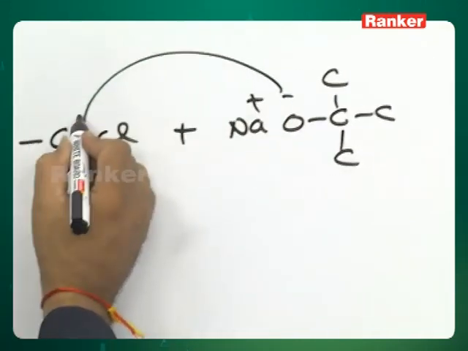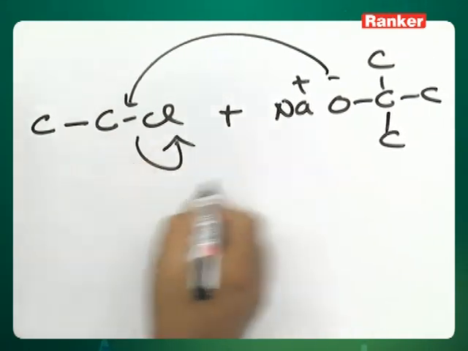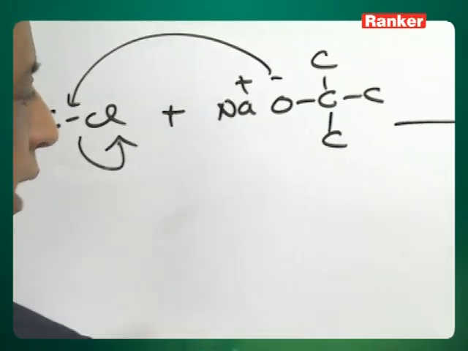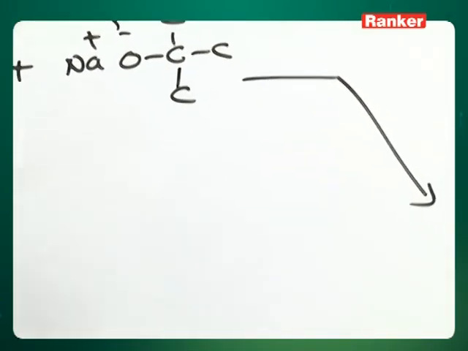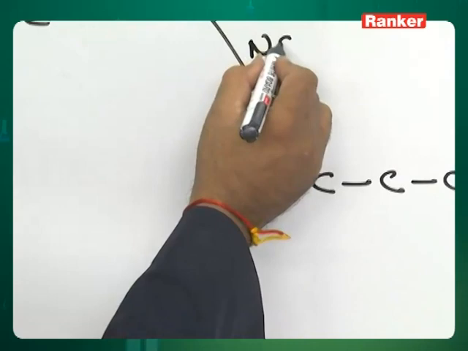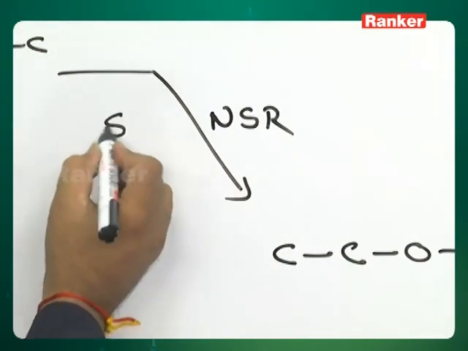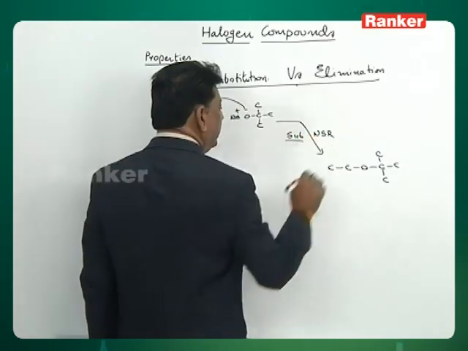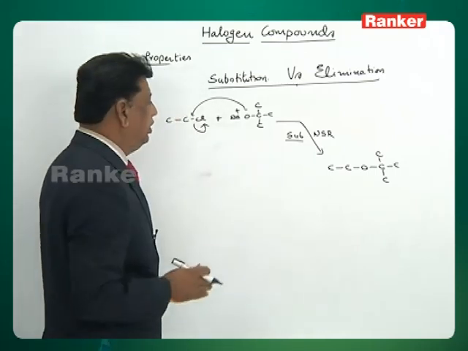If the alkoxide ion attacks, then the Cl will go and you will get a substitution reaction. This is called a nucleophilic substitution reaction.